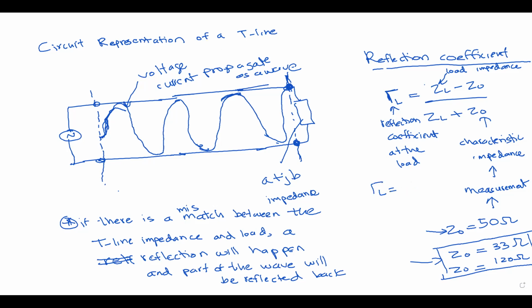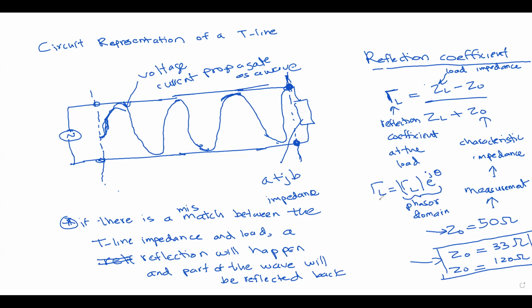We can denote tau L using phasor representation: the magnitude of tau L times e to the j theta, where e to the j theta denotes the phase component of tau L. So we can denote tau L as a complex value and turn it into the phasor domain, which has a magnitude and an angle.